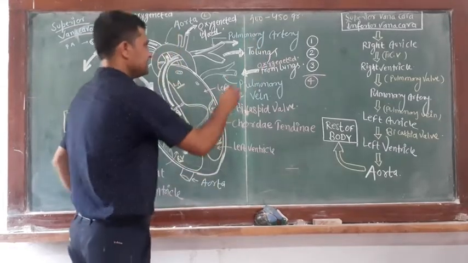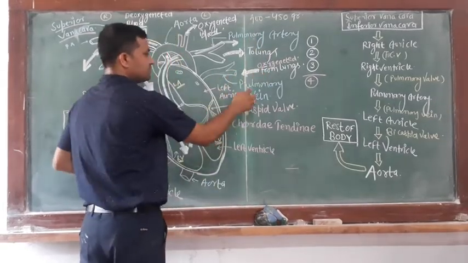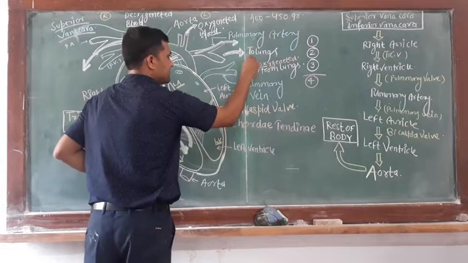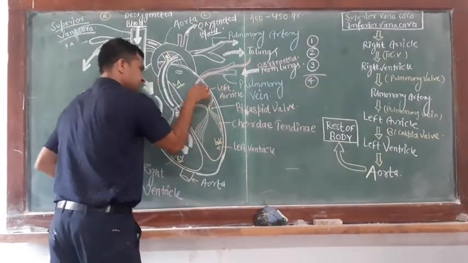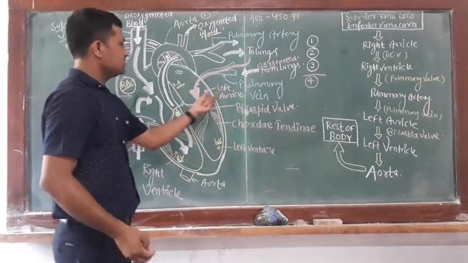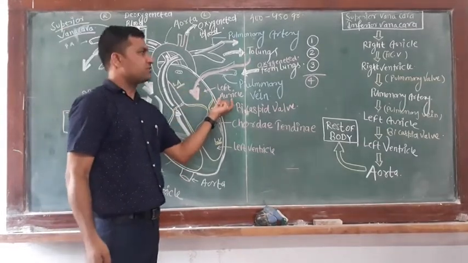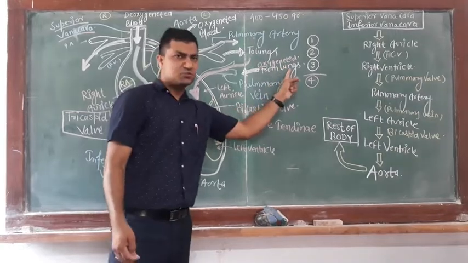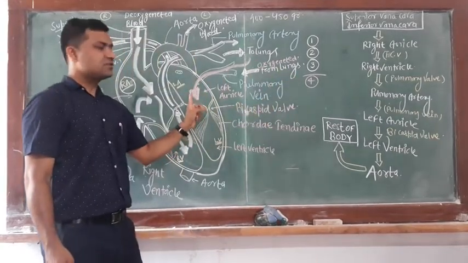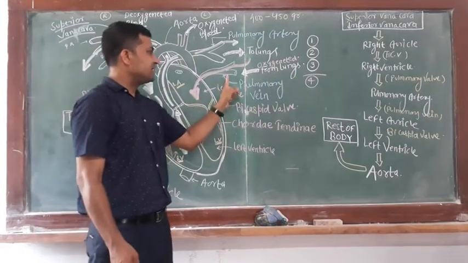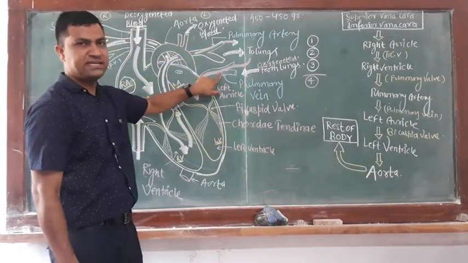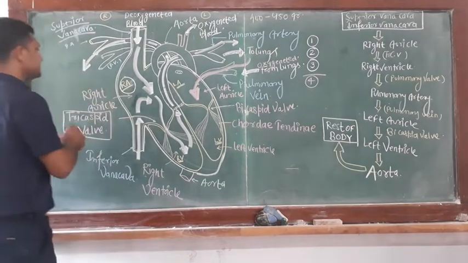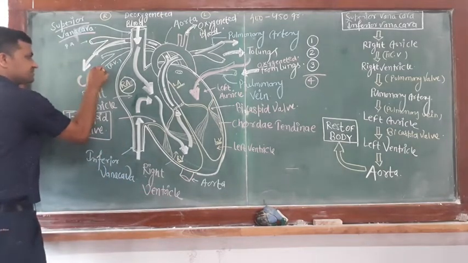Then it comes from the pulmonary vein to the left auricle. Blood comes from the lungs to the left auricle with the help of the pulmonary vein. The upper side is the pulmonary artery, the lower side is the pulmonary vein.